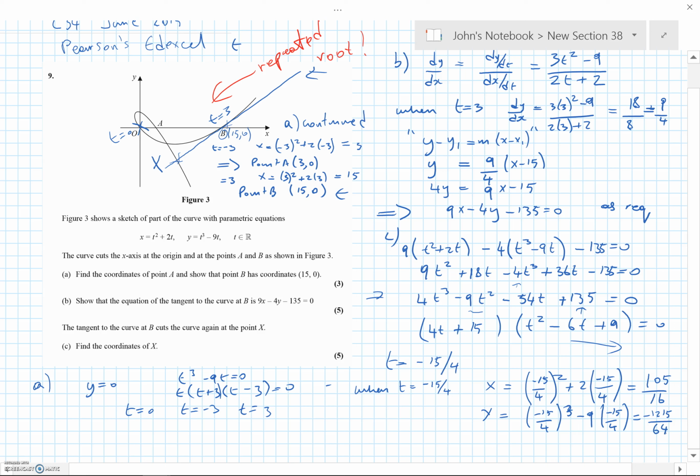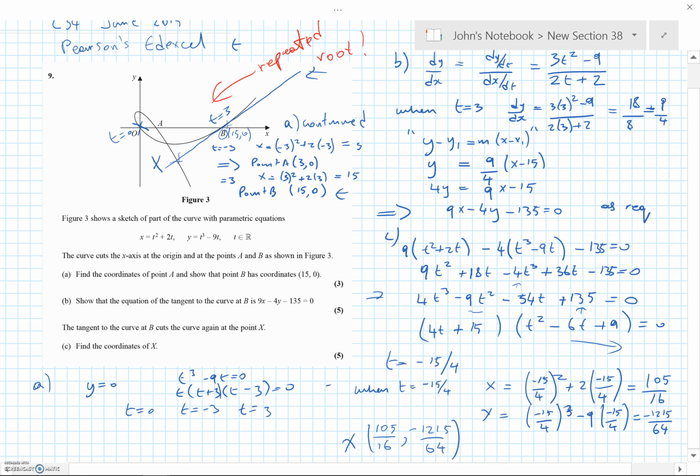Minus 1215 over 64 is our coordinate for y. So we've done it. So let's write it out just finally. Probably enough to guarantee the marks already, but let's just write it as a coordinate: 105 over 16, minus 1215 over 64.